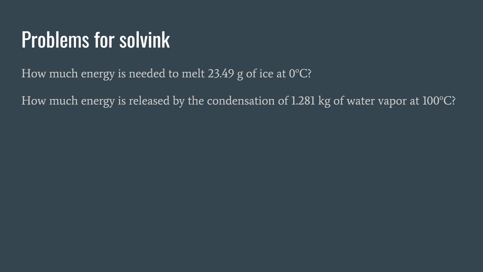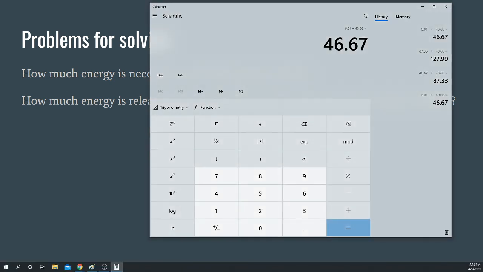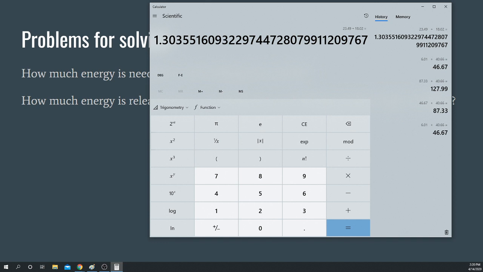We convert 23.49 grams of ice to moles, and then multiply that by the enthalpy of fusion. So, 23.49 grams of ice divided by the molar mass of ice, 18.02 grams per mole, gives us 1.304. So that's how many moles of water we're looking at.